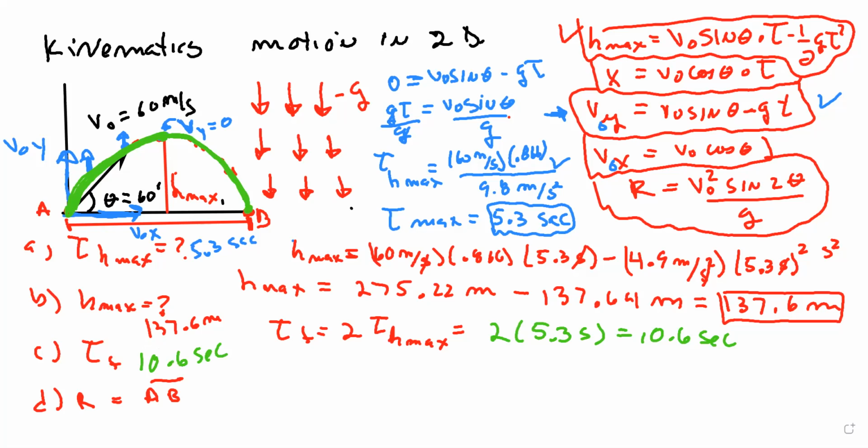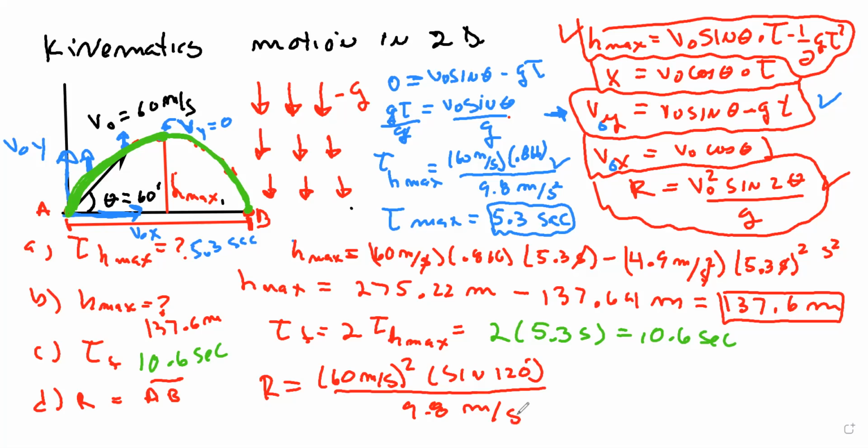And then you can calculate the range. The range is going to be this equation here. So it's going to be 60 meters per second squared times the sine of 120 degrees, divided by 9.8 meters per second squared.